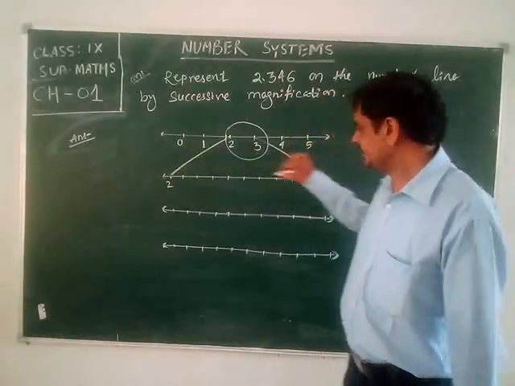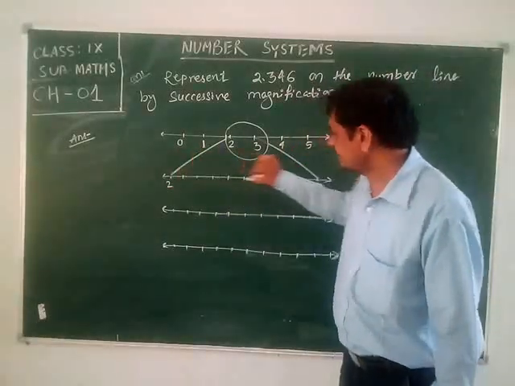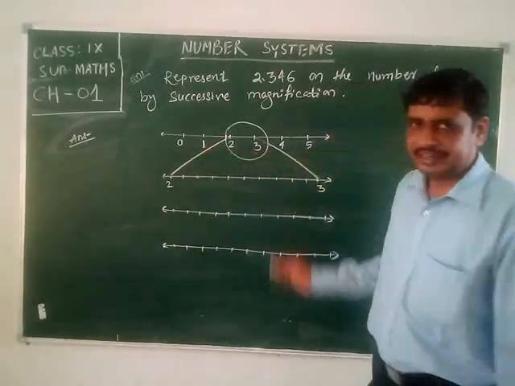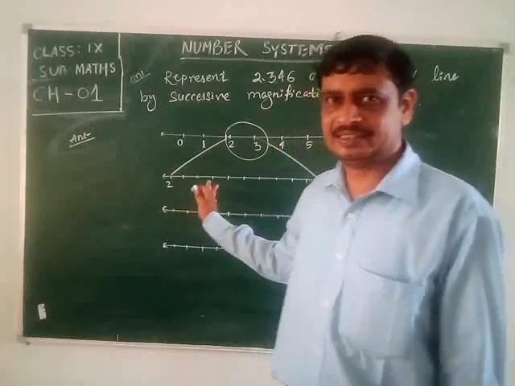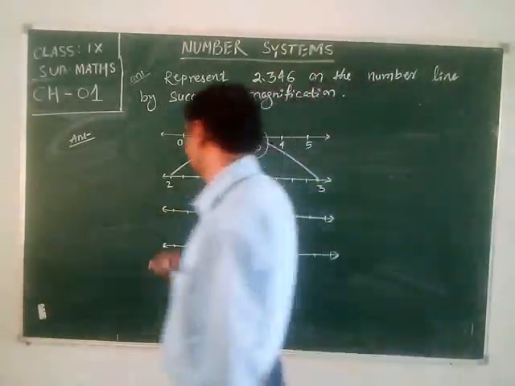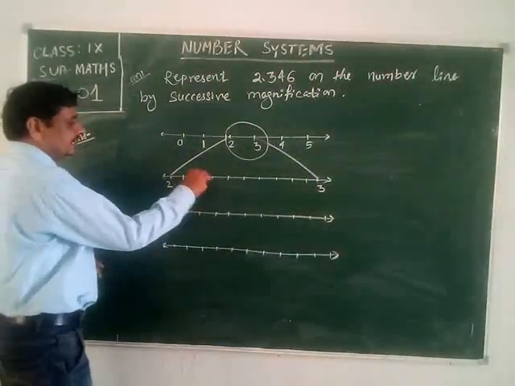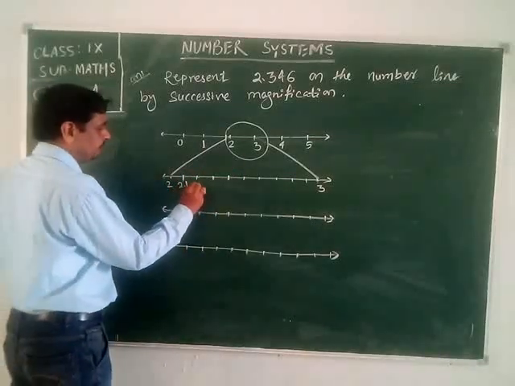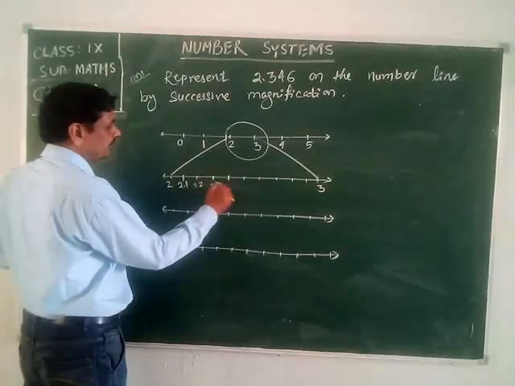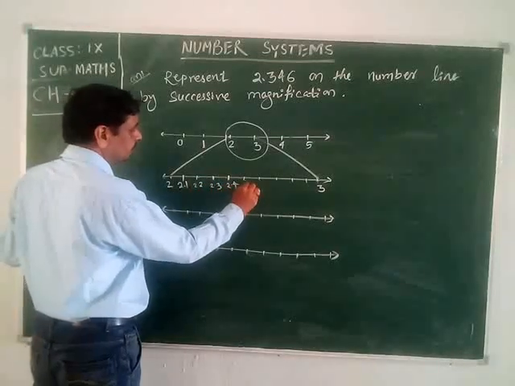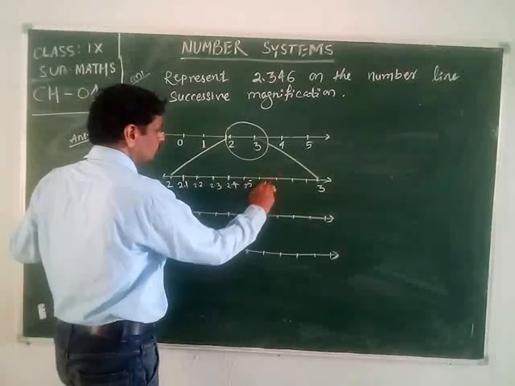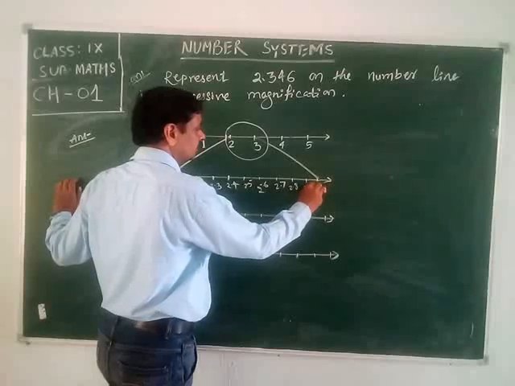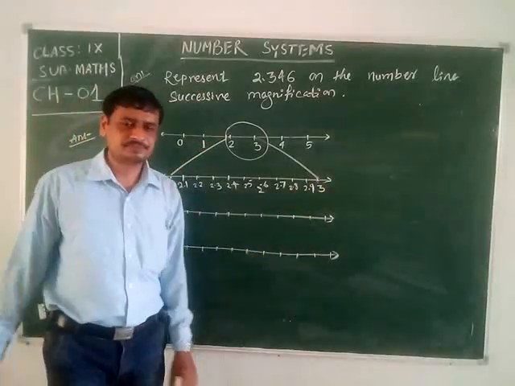To divide this line segment into 10 parts, we have to mark 9 places. These marks show 2.1, 2.2, 2.3, 2.4, 2.5, 2.6, 2.7, 2.8, 2.9 and 3.